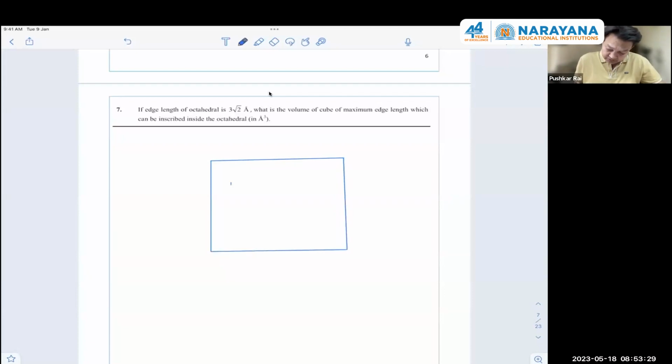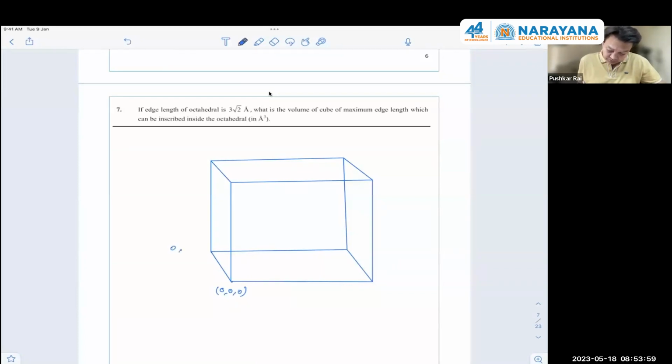Coordinates of the cube. The easiest way is to get the coordinates of the cube first. Put your cube on the center of the Cartesian axes. So this point is 0, 0, 0. Let us suppose that this is the x-axis, this is the y-axis, this is the z-axis. So this point is equal to what?